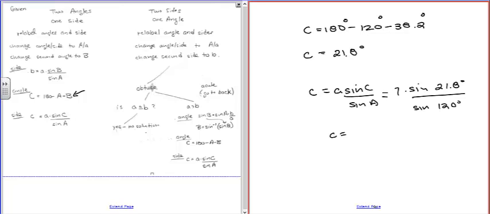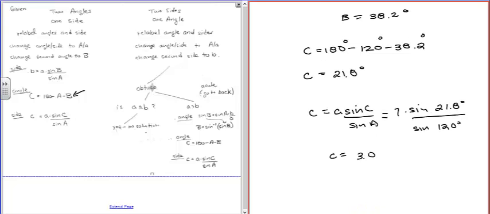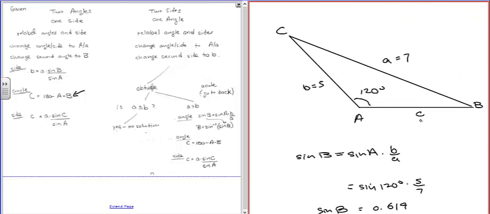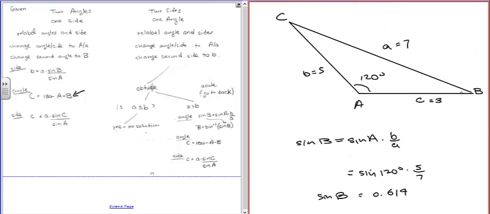So 7 times the sine of 21.8 divided by the sine of 120 is 3.0. So let's write those in here. So this is 5, 7, and 3. This is 120. Angle B was 38.2.